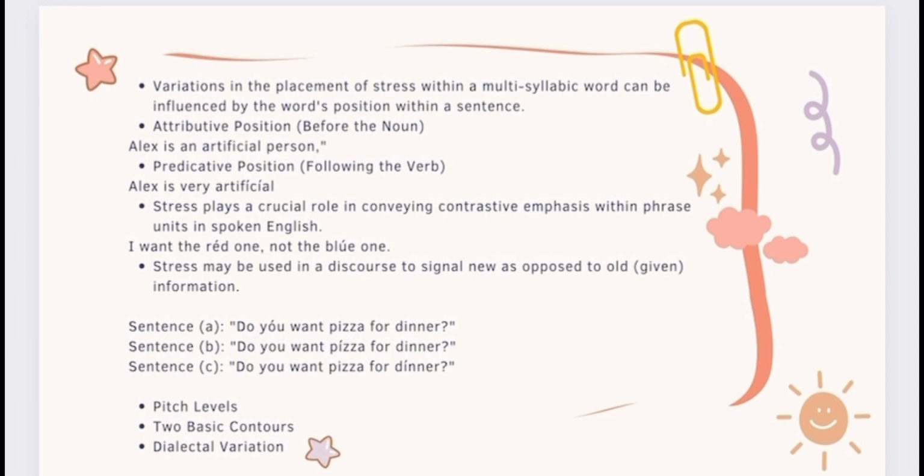Therefore, stress is shifted to the beginning of the adjective artificial. Predicative position, following the verb. When an adjective follows the verb in a predicative position, it may carry a different stress pattern. If the word very is included and stressed for emphasis, the stress falls on the following adjective.